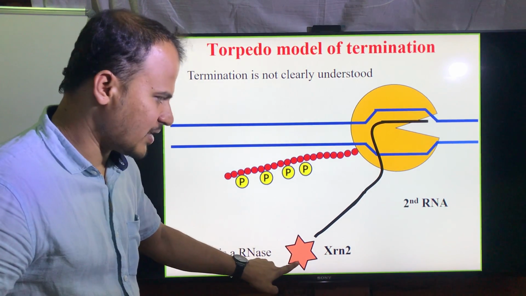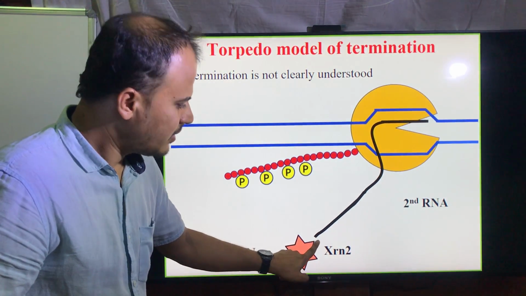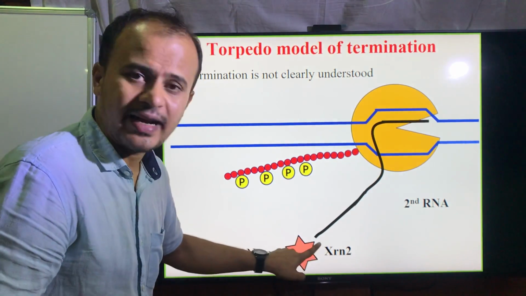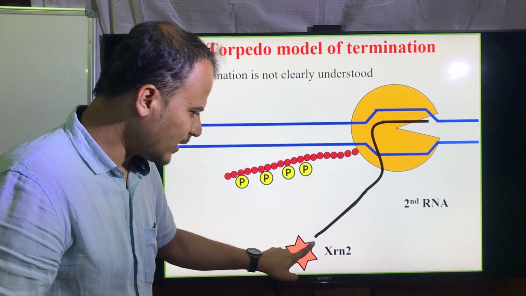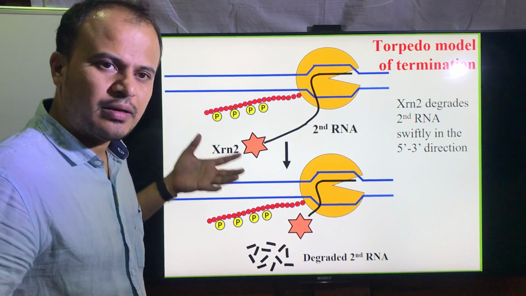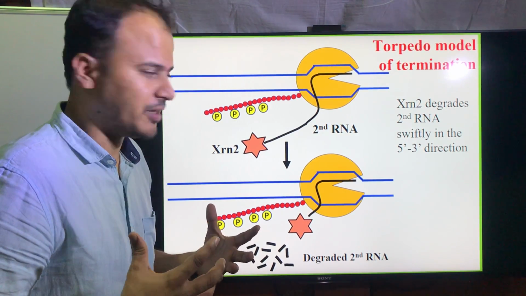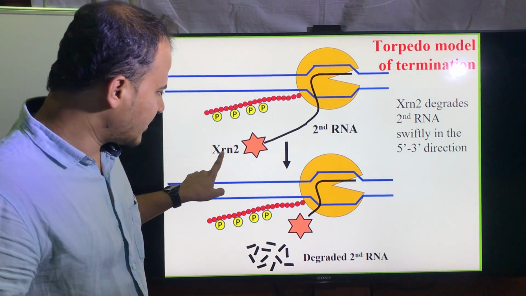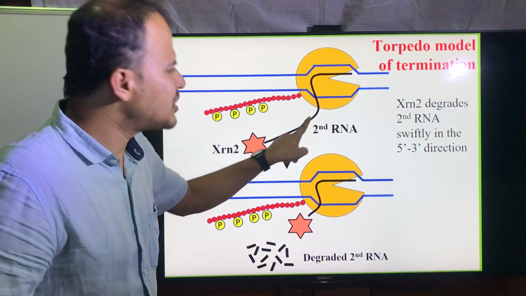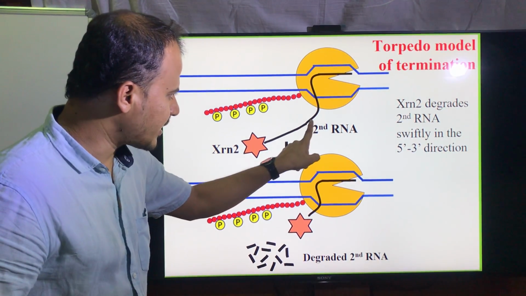I have indicated XRN2 in the form of a star. XRN2 recognizes the 5' end of the second RNA. It has high processivity. Once it recognizes this 5' end, it begins to chop off the second RNA.